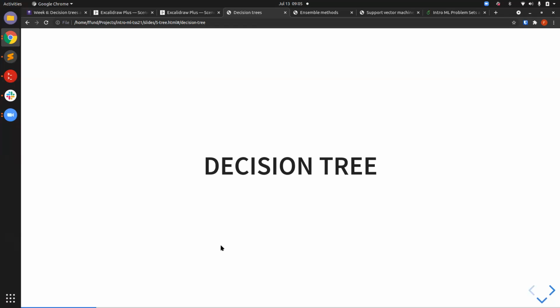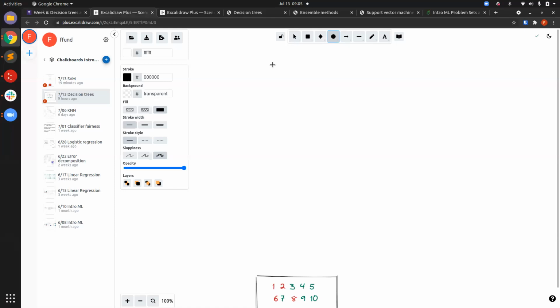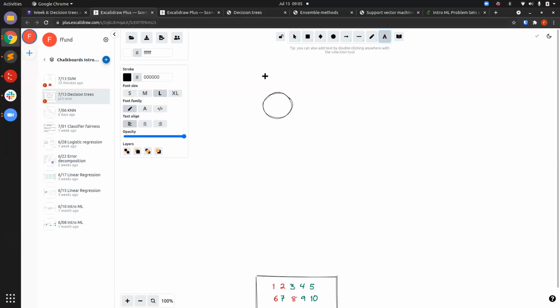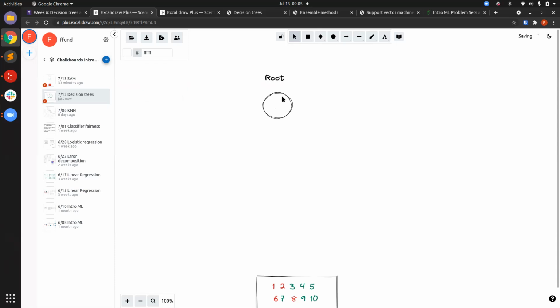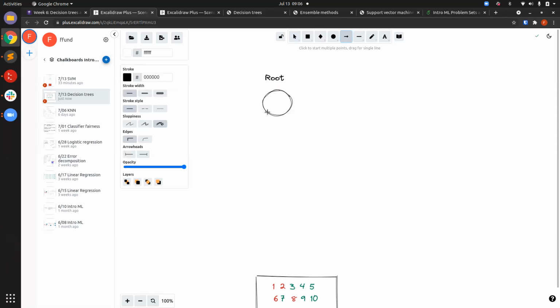So the decision trees, let's start with some tree terminology. I'm going to draw a tree. This node is at the very top of the entire thing, so it's going to be called the root node. Now, it's also a parent because it's going to branch. I'm going to draw a couple of branches.